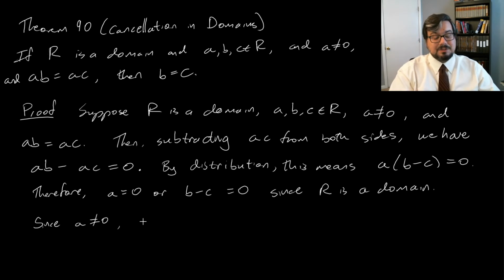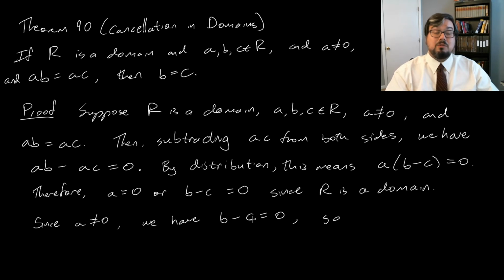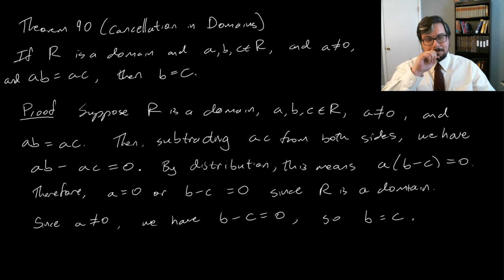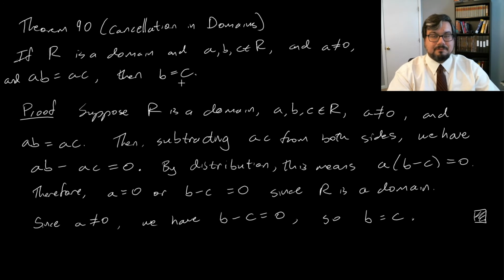So since a is not equal to 0, we have that b minus c equals 0, and so bringing c to the other side, we get that b equals c, or if you like, adding c to both sides. So that finishes the proof here. We have that if ab equals ac and a is non-zero, then b equals c. Now this only applies in a domain, but many of the rings that we deal with often are domains, and so we're going to take advantage of this theorem reasonably often.